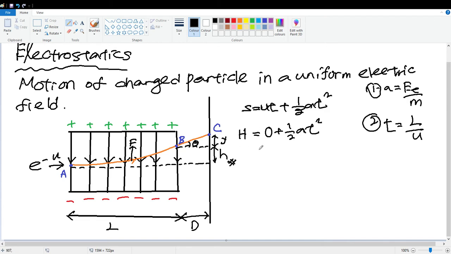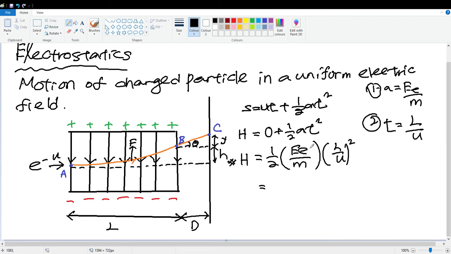Here as well, we're describing the electrons moving inside this region of the electric field. So this is half, and what will be our acceleration here? My vertical acceleration is eE over m. The time taken for the electron to move from A to B is L over u, and this is squared.